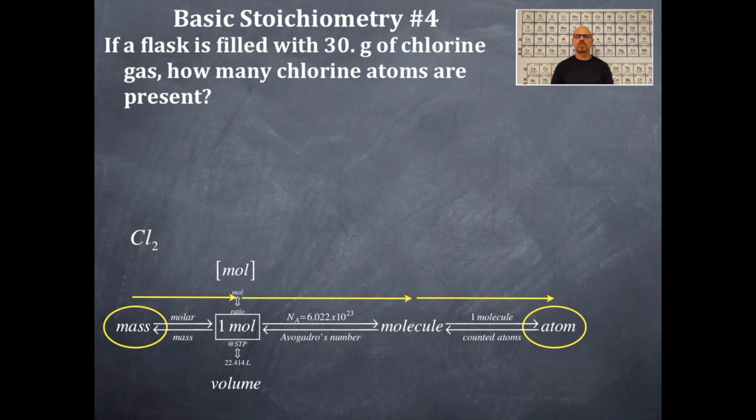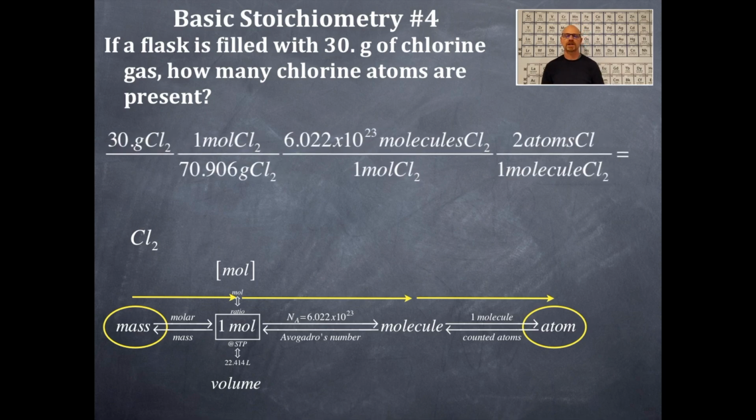I can only use Avogadro's number one time in one flow chart, in one monorail. So that means one molecule is equal to a certain number of counting atoms. And how many atoms are in Cl2? Do you see that formula, Cl2, right there? How many atoms of chlorine do you see there? 2. So for every one molecule, there are 2 atoms of chlorine. I'm going to give you just a moment. Pause the video, write it out on that stoichiometric monorail and see what you get, and then start the video again, and this is what you should get.